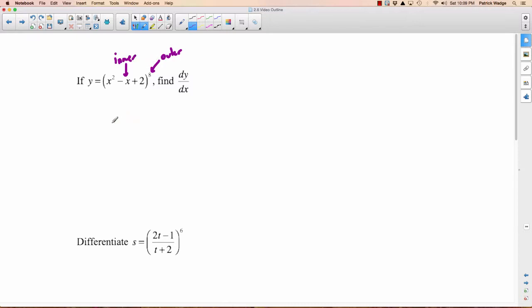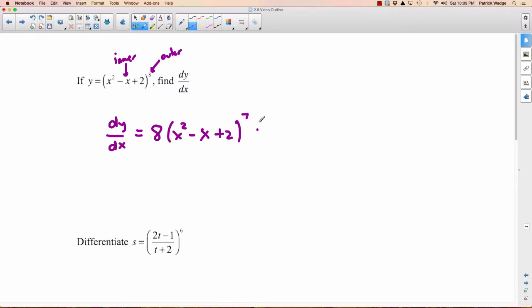So how do we get the derivative, dy/dx? We take the derivative of the outer function first. The outer function is something to the 8th power. How do we take the derivative of that? Well, the power rule tells us that we move the 8 to the front. We leave the something, in this case the x squared minus x plus 2, exactly the same, and the 8 goes down to a 7.